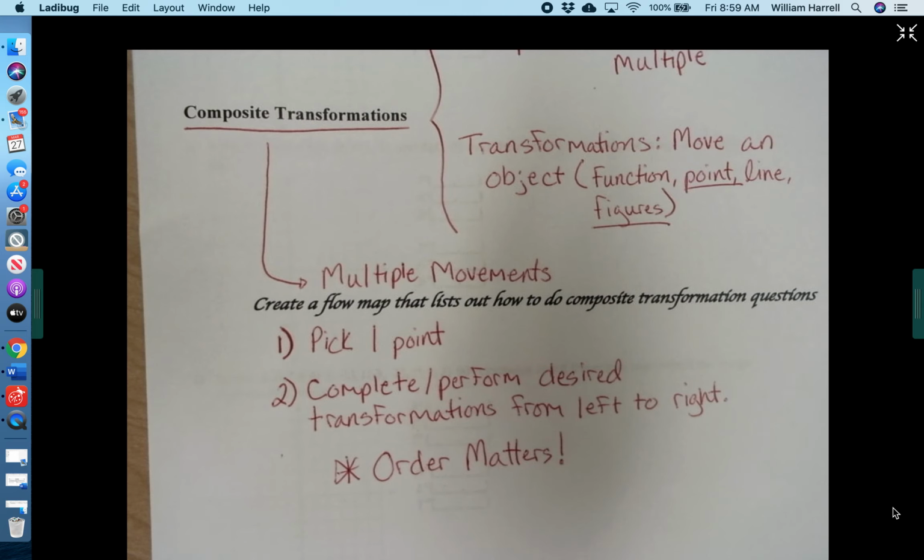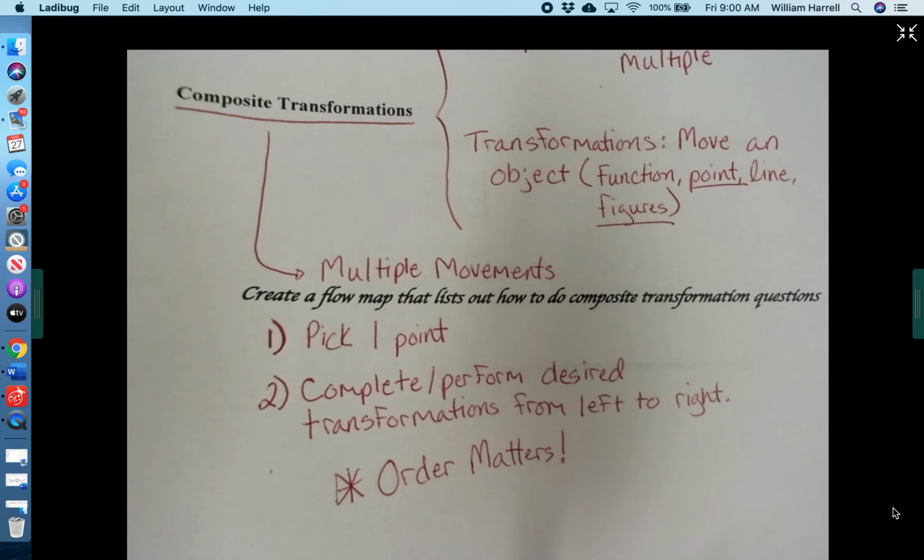I know some of y'all are more comfortable doing translations, some of y'all are really good at reflections, and rotations, we're okay with. But if I had to ask, y'all would definitely choose reflections and translations over rotations, and above those two, I think y'all choose dilations. So we can't necessarily go with what we're most comfortable with. We have to go from left to right in desired transformations. We'll work on a couple of problems on page 10.